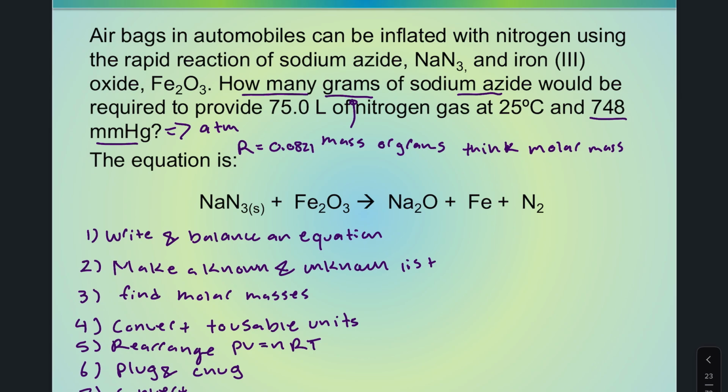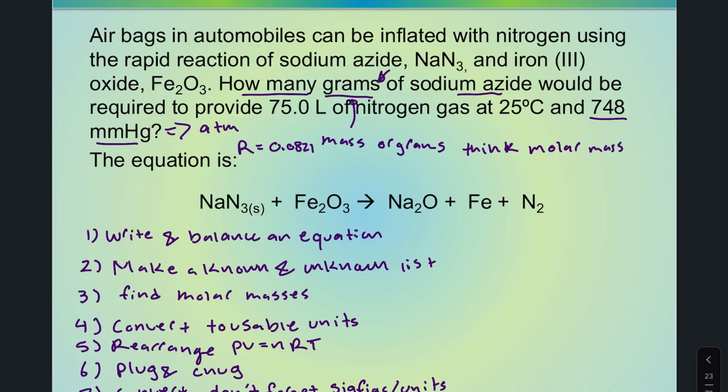And then your final step is going to be to convert. So anything that is left, you don't want to forget sig figs and units, but whatever you're ending up in, you're going to need to use that. And so I know that we're going to have to convert at the end because we are in grams right now.